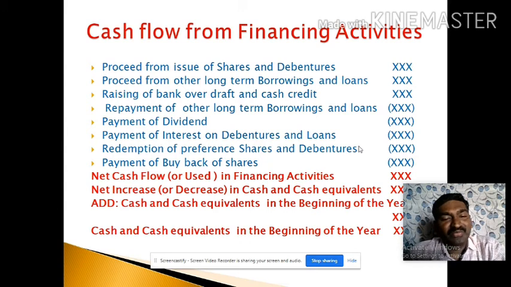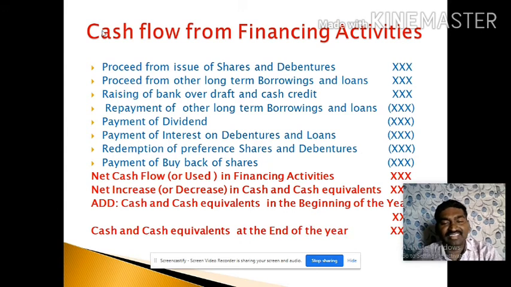Then you have to add cash and cash equivalents in the beginning of the year. The resulting figure will be treated as cash and cash equivalents at the end of the year. So this is the procedure to find out the cash or cash equivalent at the end of the year amount.